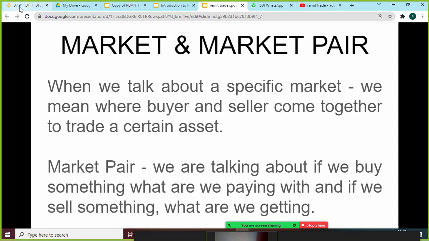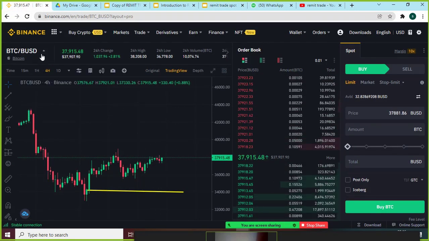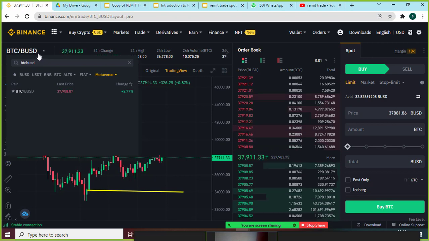So if you go right here to this area, and on this point, you see, here we have BUSD. If I click on BUSD at this point, this is BUSD market. This is USDT market.